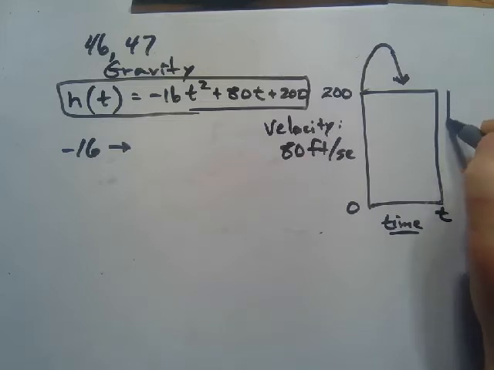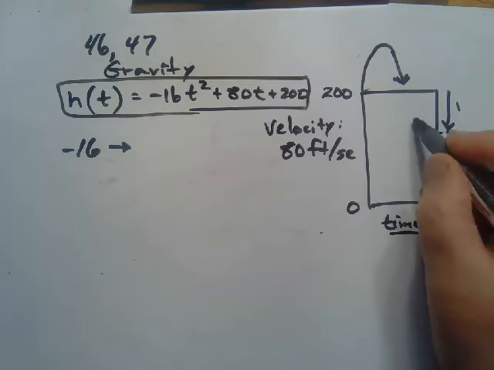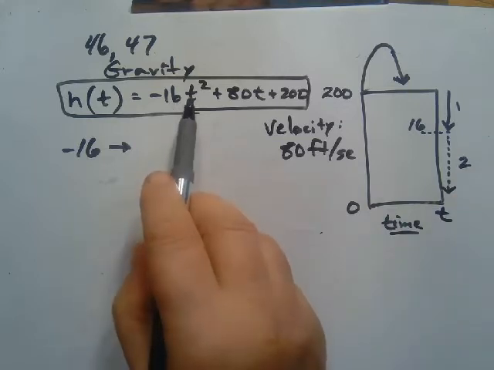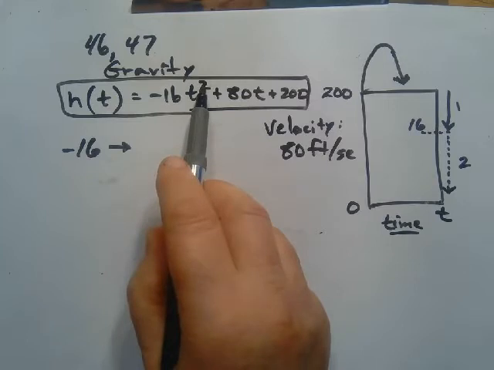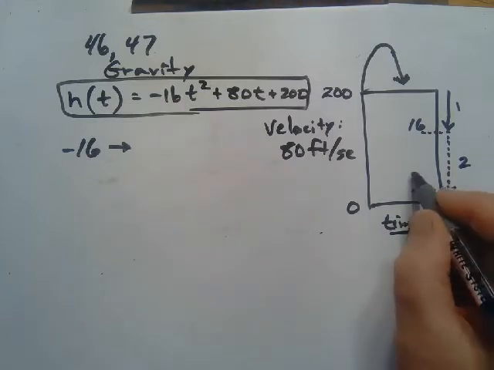If we drop an object off the top of the building, the first second it drops 16 feet. Then after another second, the second second, it drops not just 16, but 2 squared is 4, 4 times 16, or 64.